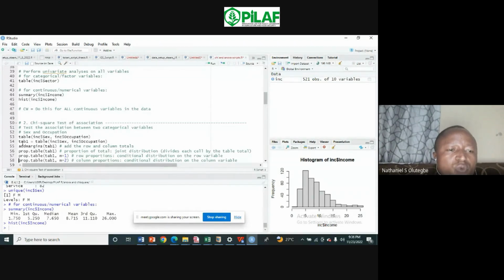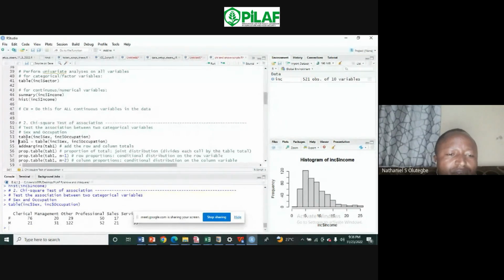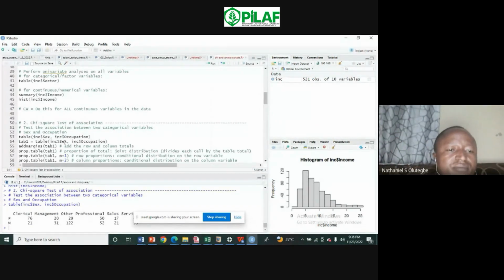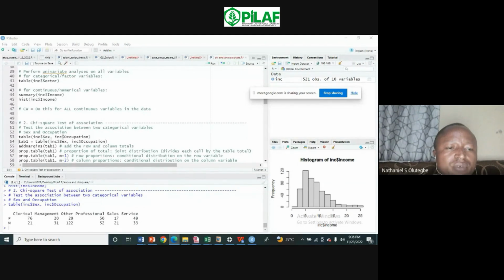So how do we do this? You first come up with your count in the form of a contingency table, and the command for that is table. You give the data set and first variable, and again the data set and second variable.